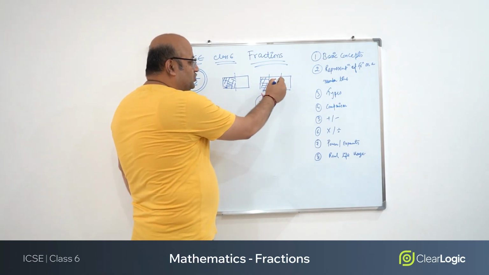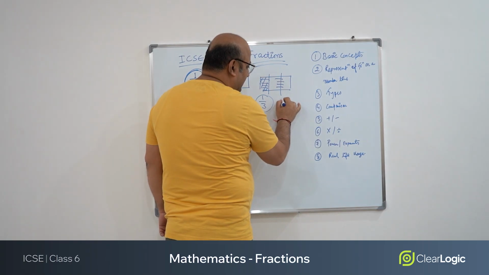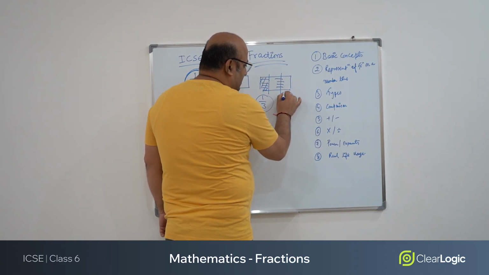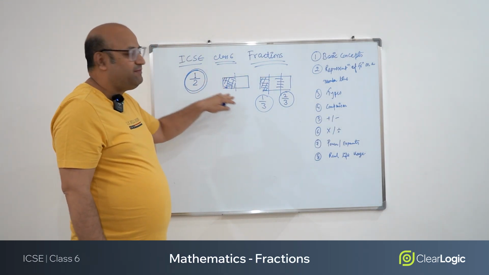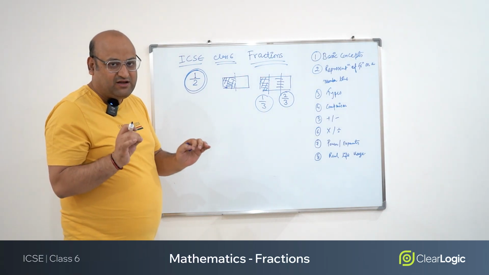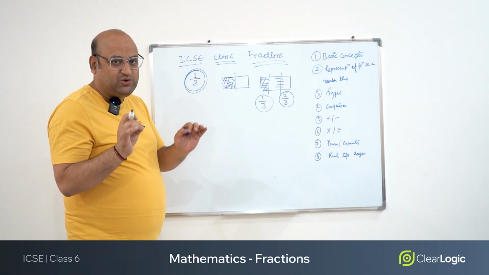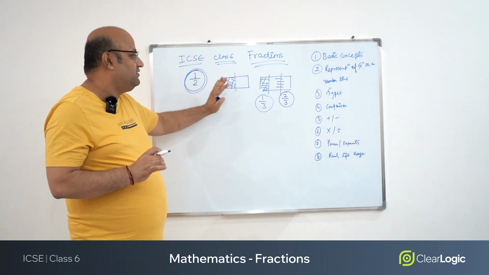That is 2/3, right? As a whole, it's 3, but out of this, one has already been given, so 2 parts remain. So this is a representation of a fraction, and as you see, it's very basic and simple. You just need to get the basics from this particular example.